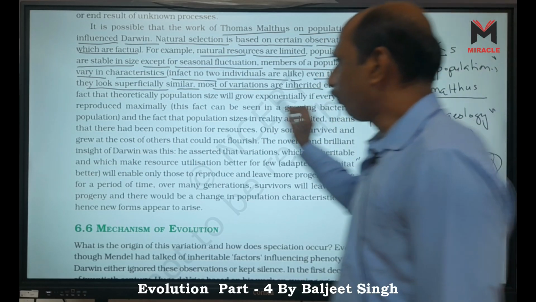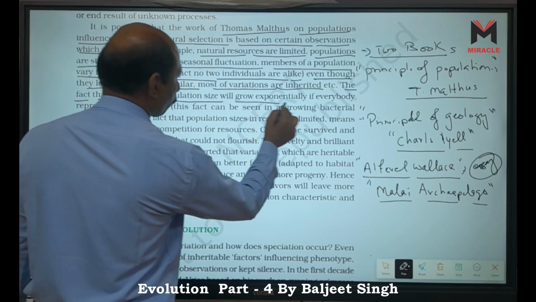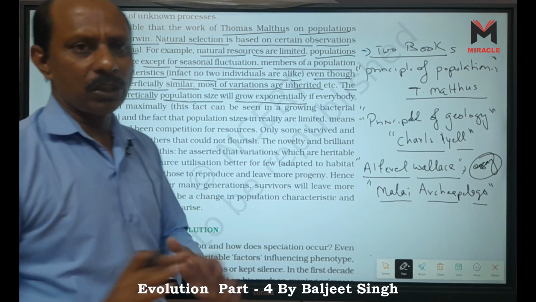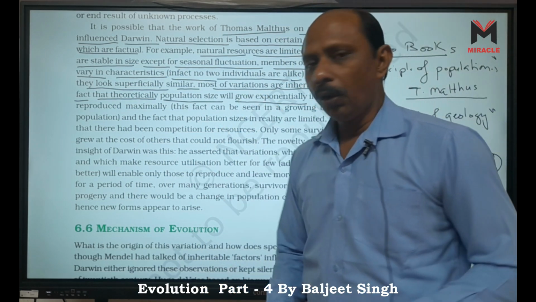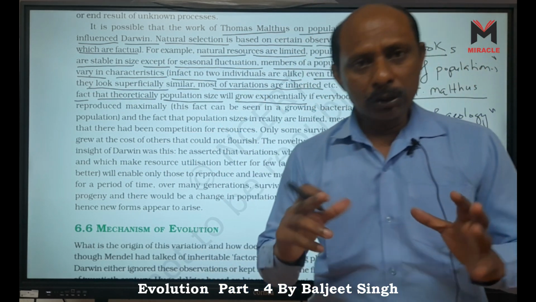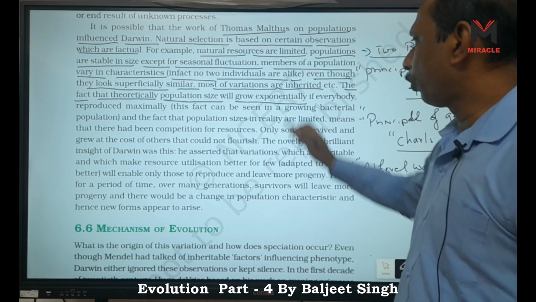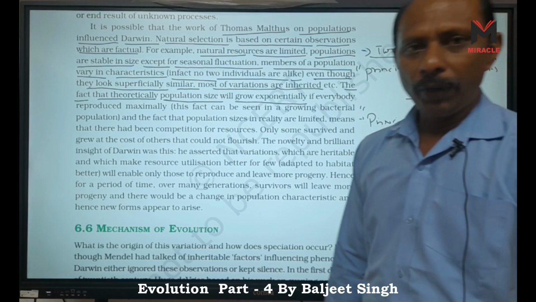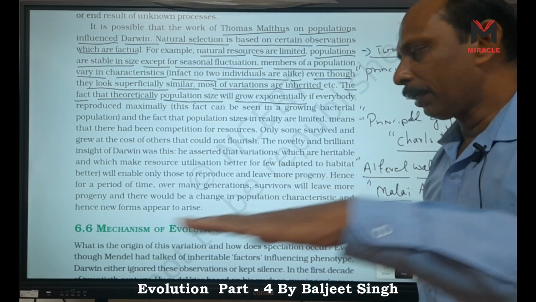And theoretically, population size will grow exponentially. Exponentially means geometric growth. When does exponential growth occur? When the resources are present abundantly. But what happens when resources are limited? It becomes constant.